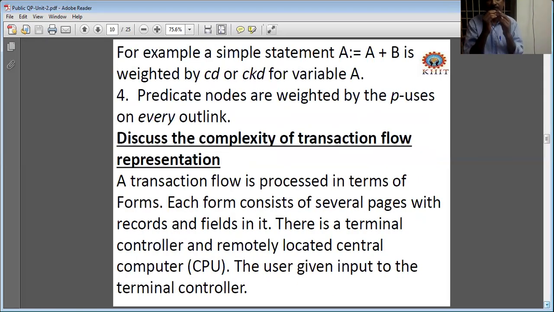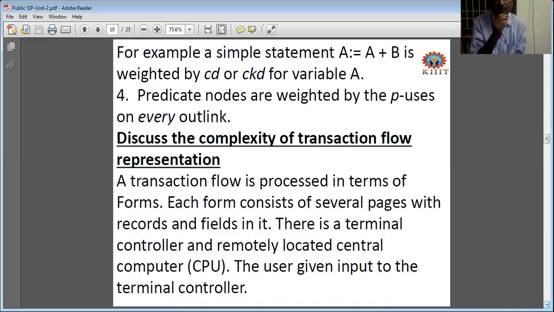For example, a simple statement A equal to A plus B is weighted by CD or CKD for variable A. CD means computational usage followed by defined. CKD means computational, killed, defined. Predicate nodes are weighted by the P uses on every outlink.